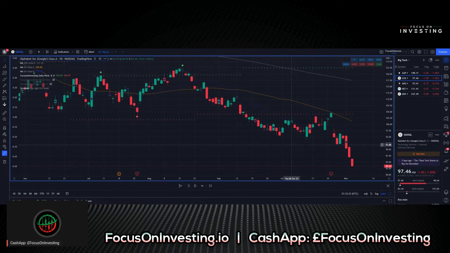We actually have a mix of all of our candlesticks. We don't have particularly one candlestick.